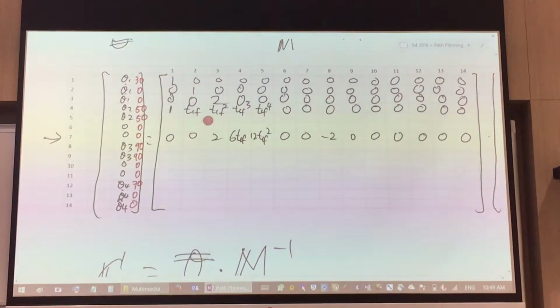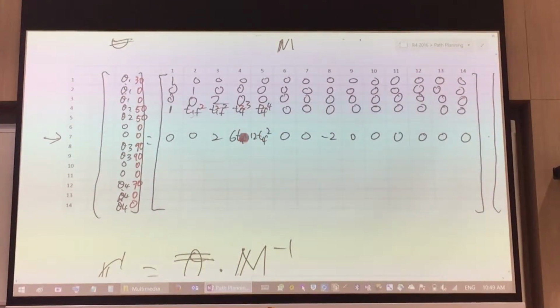So in there you're given what the T1 value is. Your T1 is actually 2 seconds. So you'll be filling in over here 2 squared, 2 to the power 3, 2 to the power 4 in order to solve for the matrix.